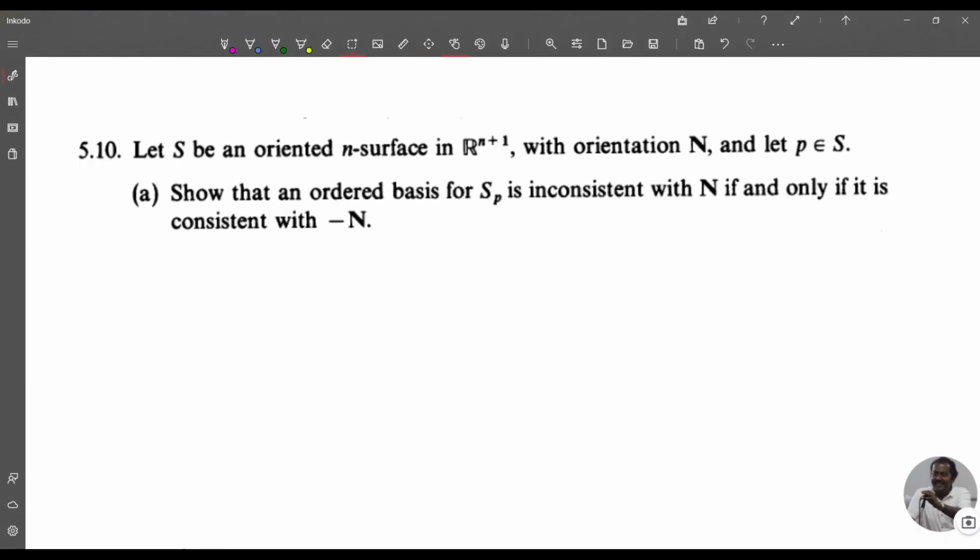Now we do a problem. Let S be an oriented n surface in R^(n+1) with orientation n, and let P belong to S. Show that an ordered basis for Sp is inconsistent with n if and only if it is consistent with minus n. So, solution.